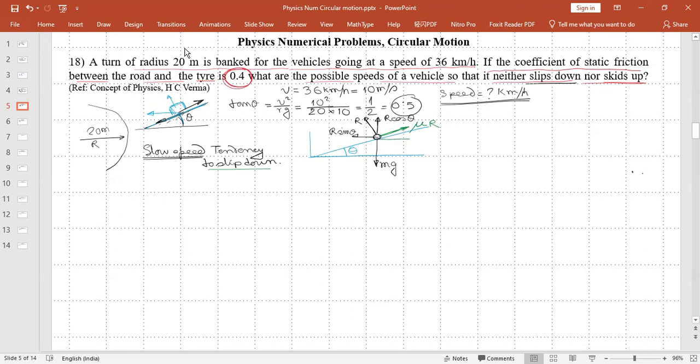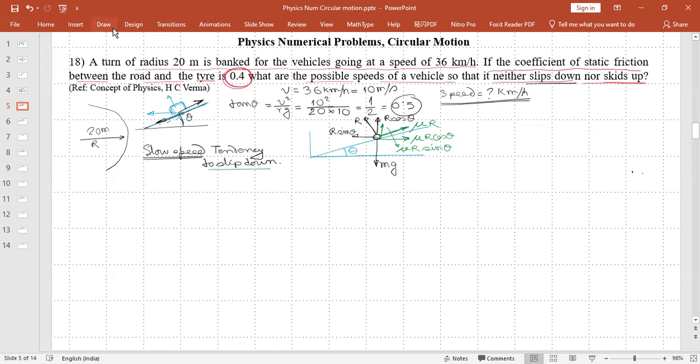This frictional force also has two components. One is in the horizontal direction, which is mu R cos theta, and it will have a vertical component, mu R sin theta. So we have all the forces written down. Then we only have to equate the vertical and horizontal forces. That is not at all difficult.